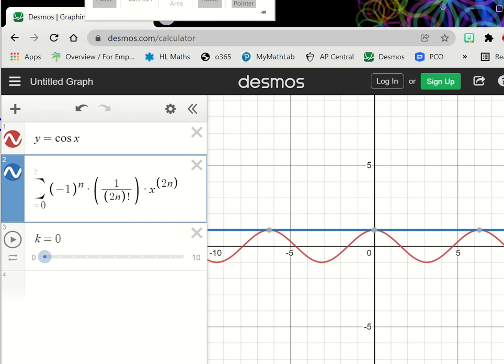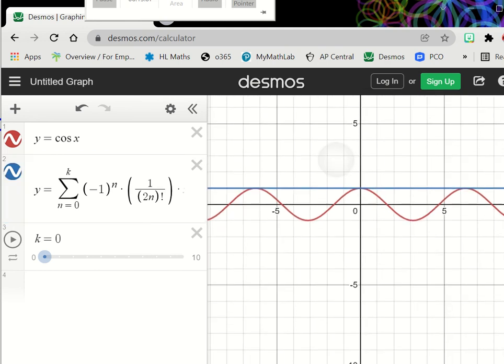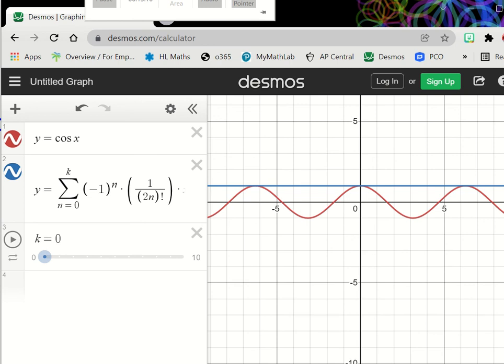If you do this on Desmos, it'll ask you if you want to make a slider for k, which is our top index, like how many terms of this we would like to see, so that's kind of convenient. If we look at what we have, we're trying to make the blue line approximate the red line, right? We're trying to make our polynomial approximate cosine.